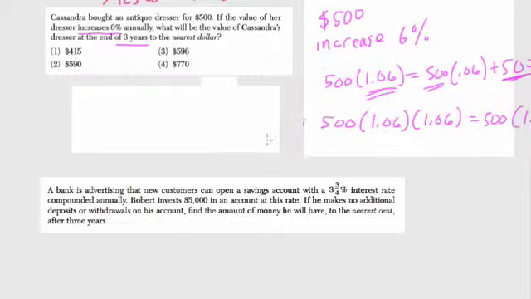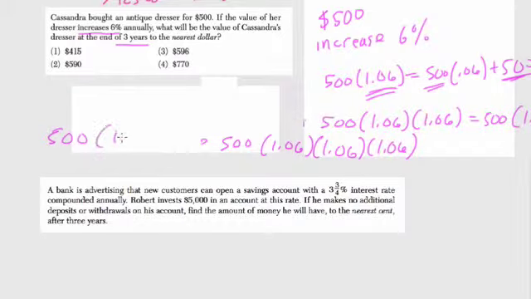Over 3 years, it's 500 times 1.06 times 1.06 times 1.06, or 500 times 1.06 to the third power. In general, this number is your starting amount, this number is your growth rate, and this number is the time periods that are passing.